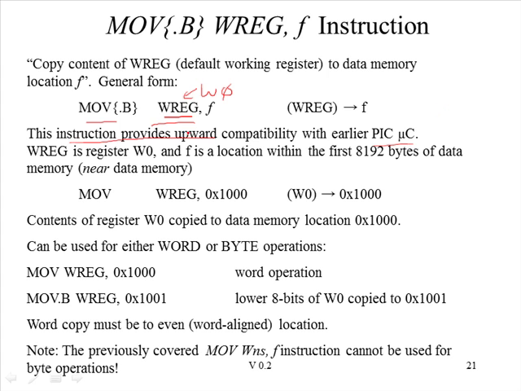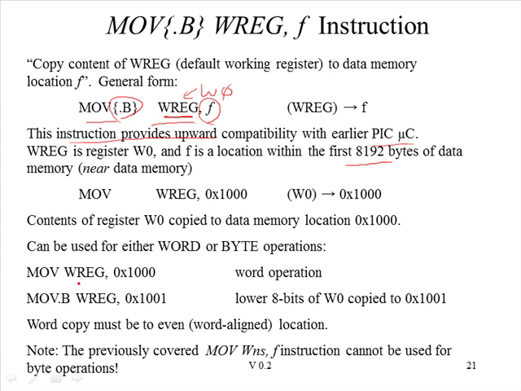There are 2 limitations on this instruction. One, you can only use the WREG keyword here, which stands for W0, and two, the file register location must be within the first 8,192 bytes of data memory. It can either be a word or a byte operation.